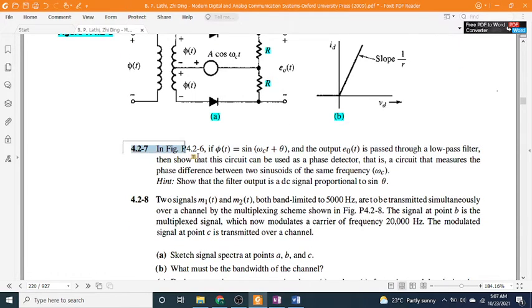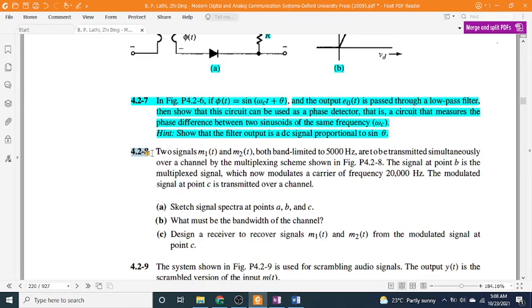P4.2-6, if e(t) = sin(ωct + θ), and the output e0(t) is passed through a low-pass filter, then show that this circuit can be used as a phase detector, that is, a circuit that measures the phase difference between two sinusoids of the same frequency. Hint: show that the filter output is a signal proportional to sin θ.